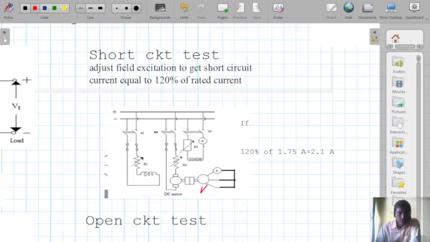Now the excitation current is being increased to some value when 120% of the rated current will flow through the short circuit. So it is 2.1 ampere. So we have to adjust the DC field current of the excitation, so that 2.1 ampere current flows through the short circuit, and we have to note down this IA.